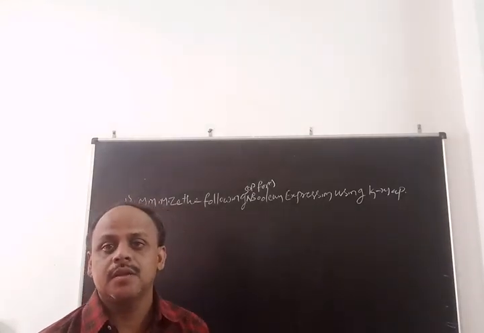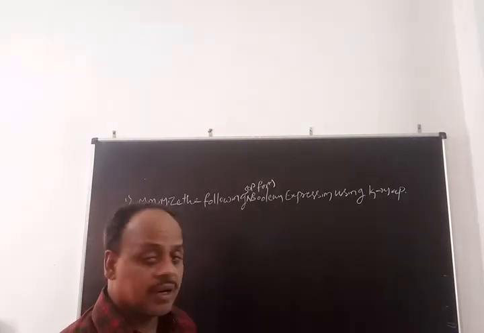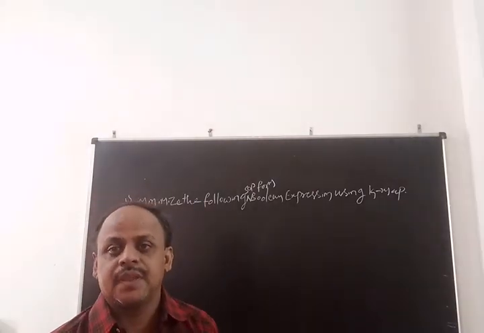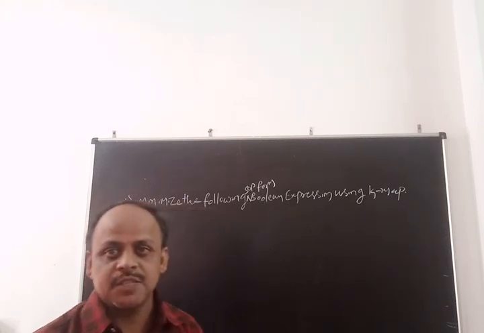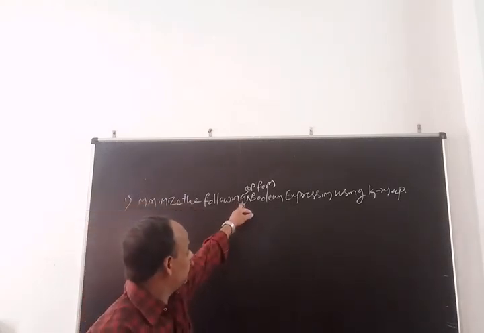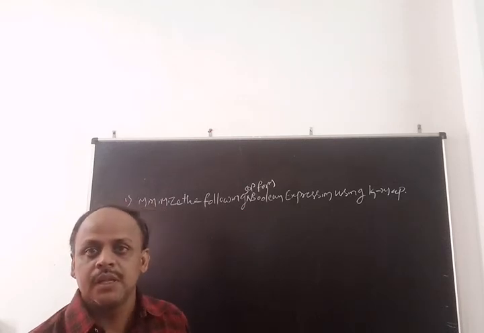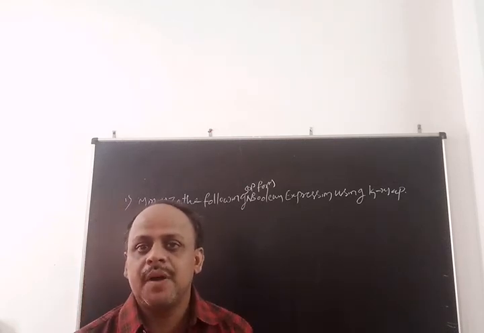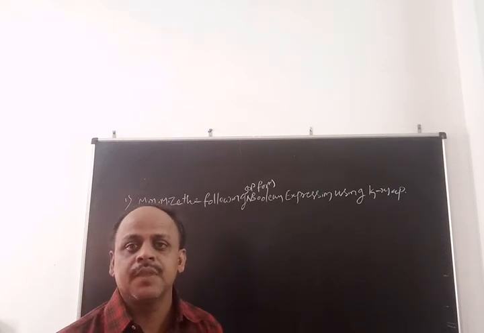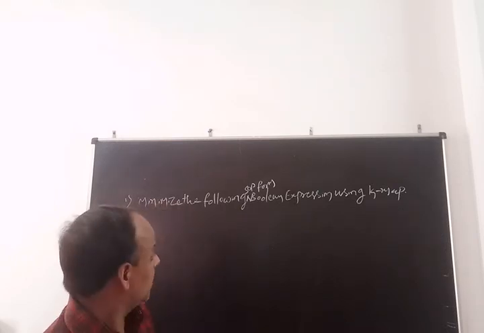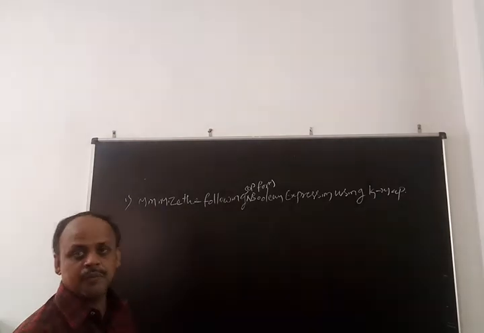POS form means product of sum form expression. These are the two standard ways; the given expression may be in SOP form or POS form. Today we are going to discuss the SOP form expression.